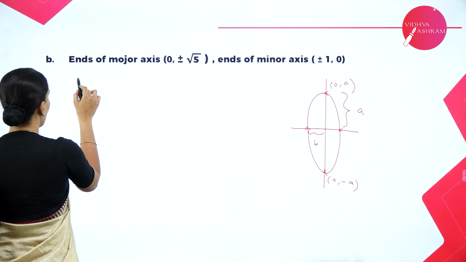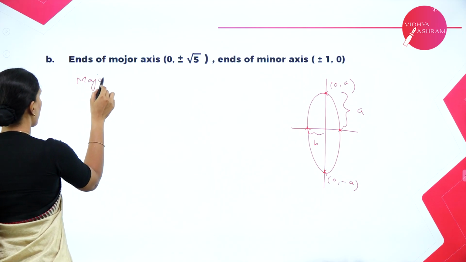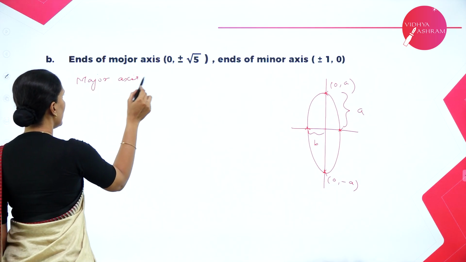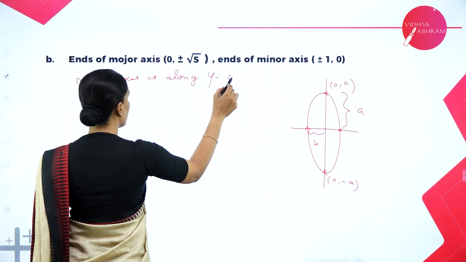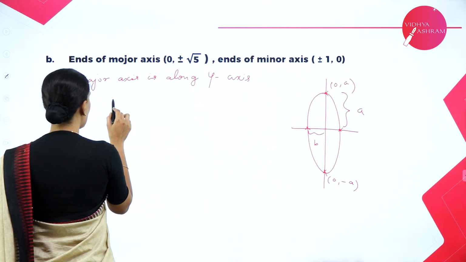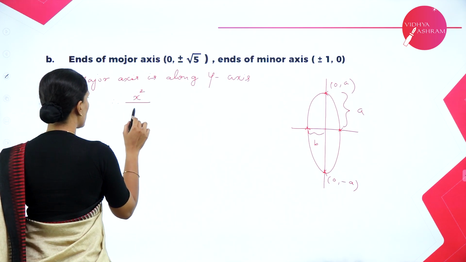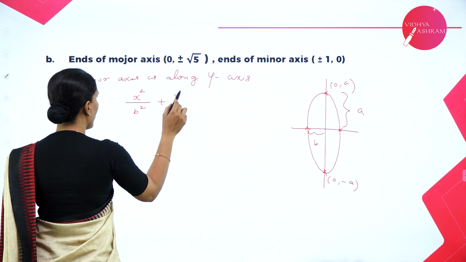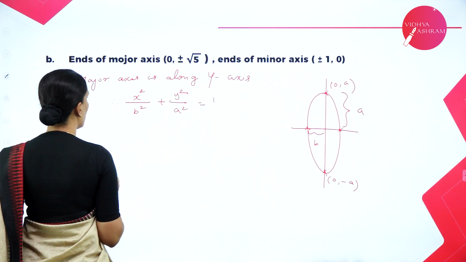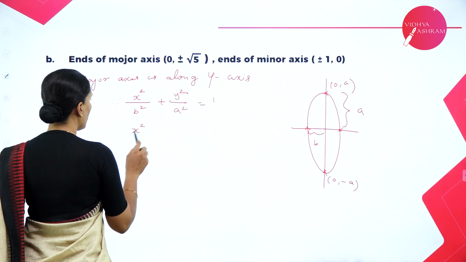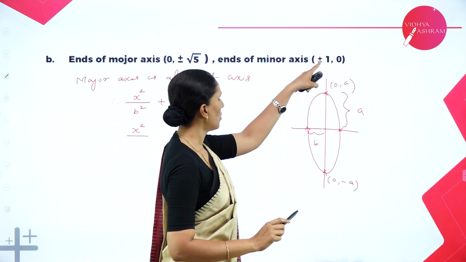So the major axis is along the y-axis. Therefore the standard equation takes the form x square by b square plus y square by a square is equal to 1. Now from this we have the value of b as 1.